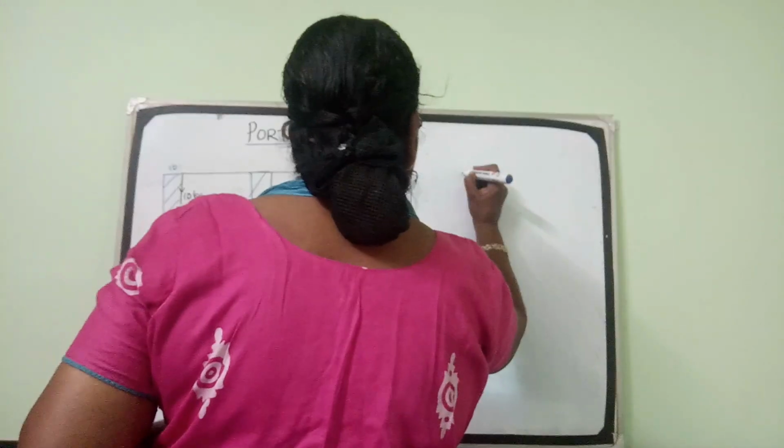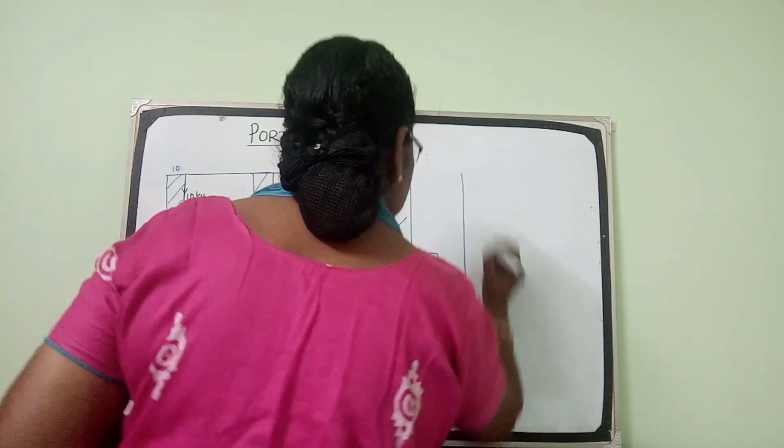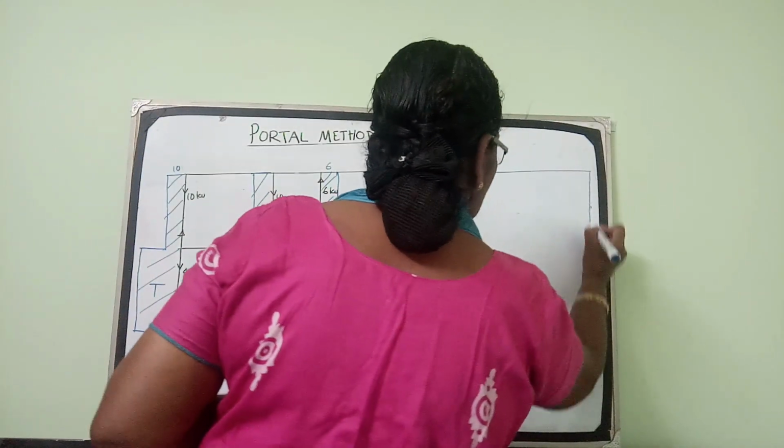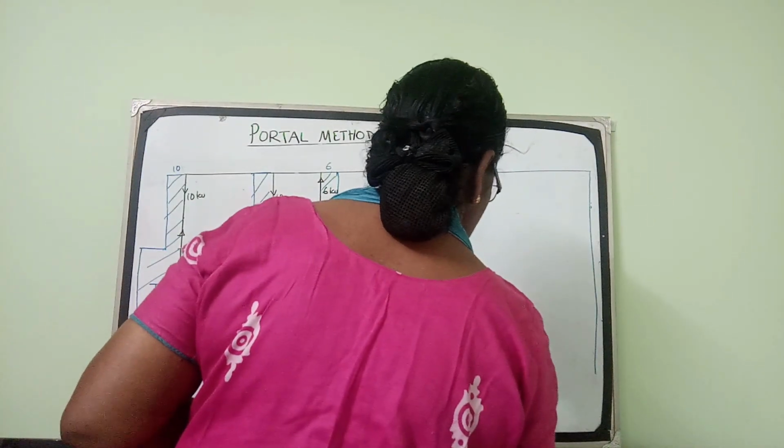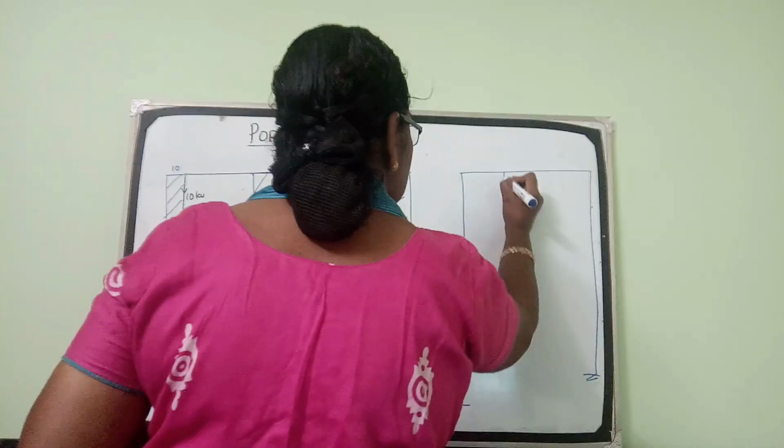Now we can show the shear in beams and columns either in tabular form or we can show it as a pictorial representation. I will show here.